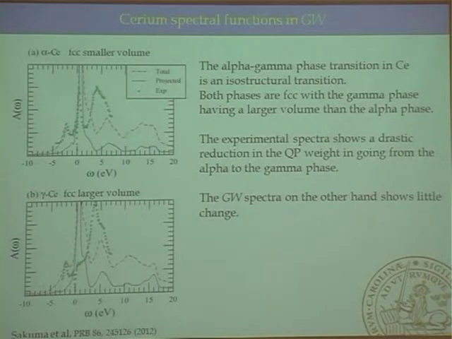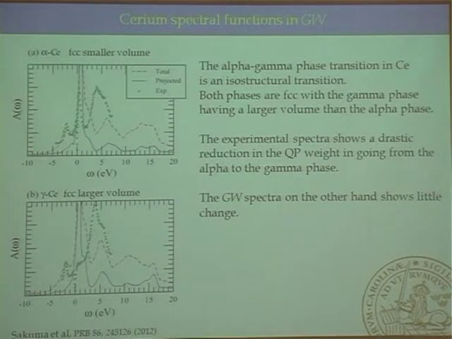Now if you try to do this system with GW, you see that there is essentially hardly any change when we go from the alpha to the gamma. The blue curve is the projection on the F states. These are GW calculations. So when we go from the alpha to the gamma, there is no reduction.